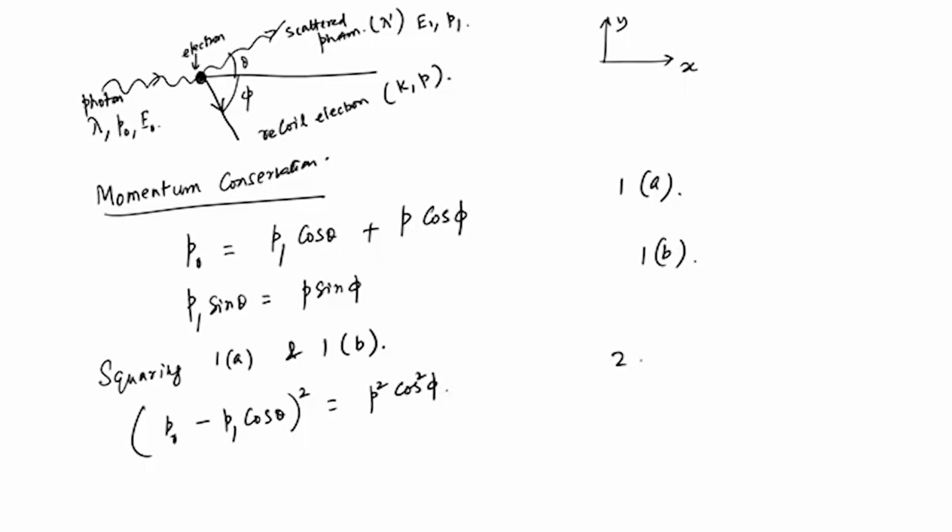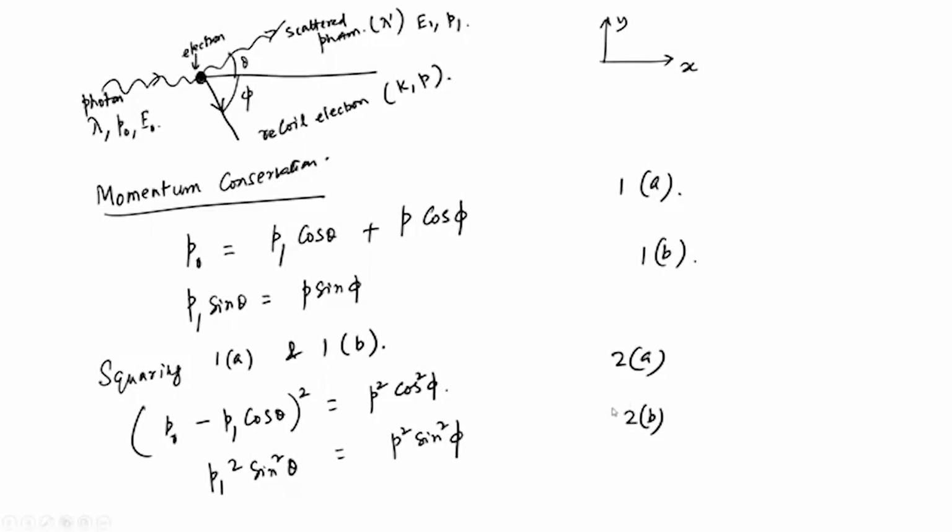This is 2a. And squaring 1b, we get P1 square sine square theta equal to P square sine square phi. This is 2b.